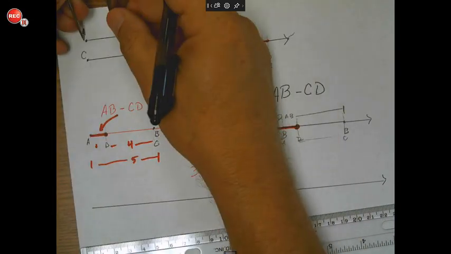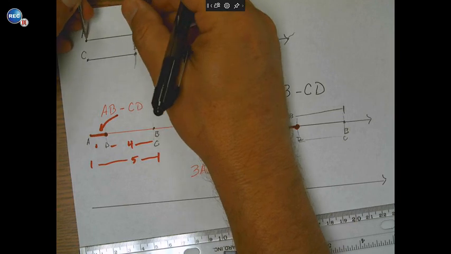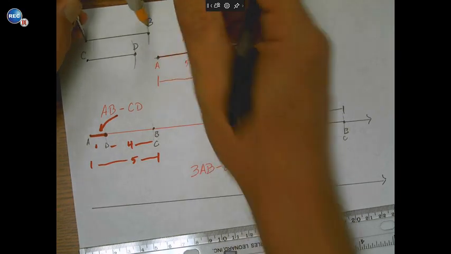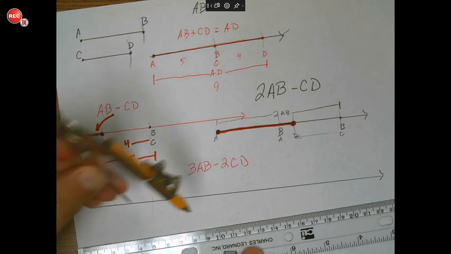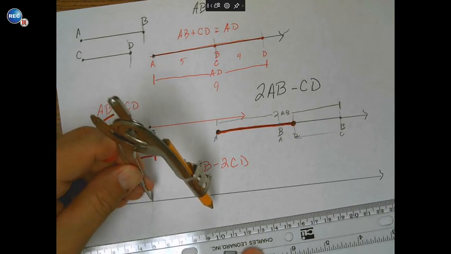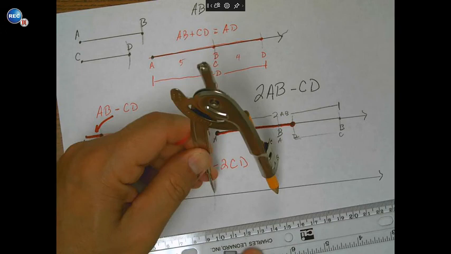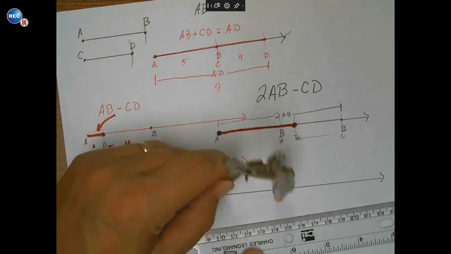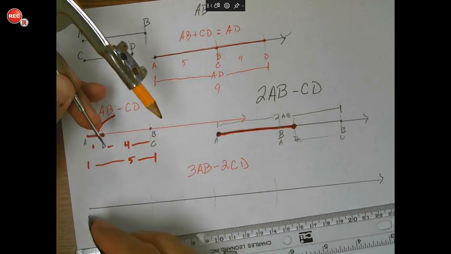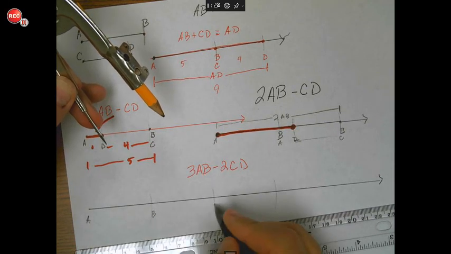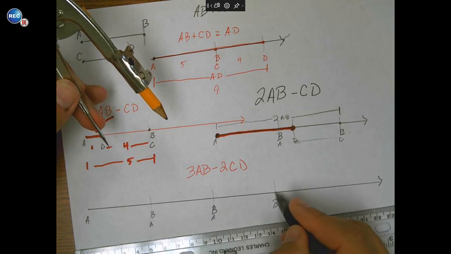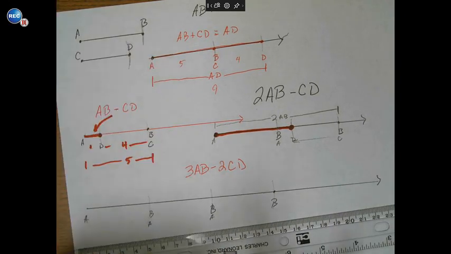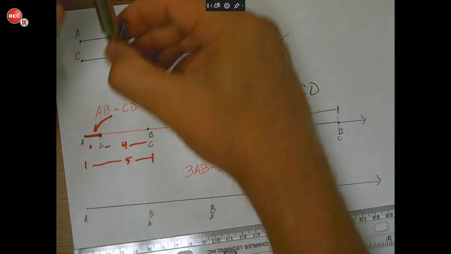Those of you that are stuck, watch me. I'm going to do it real quick. Should not take us very long. AB, AB, AB. There's 3 of them. Now let's subtract away 2 CDs.